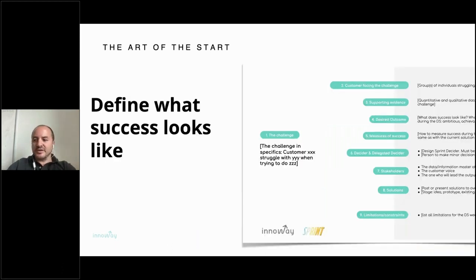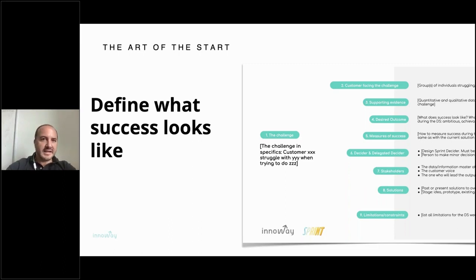And this helps us to make that decision. The other thing that we strongly recommend is not to start the design sprint week without having a clear understanding of what success looks like and what the scope is. We use this simple but very effective template where we identify things like: what is the desired outcome? How are we going to measure success?